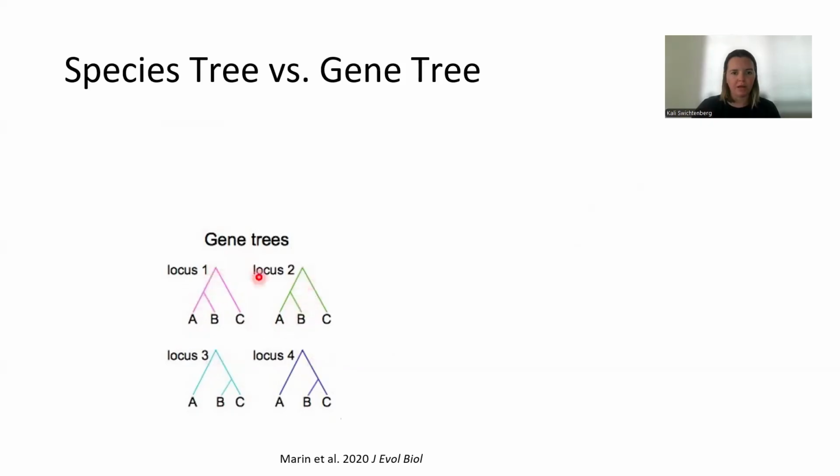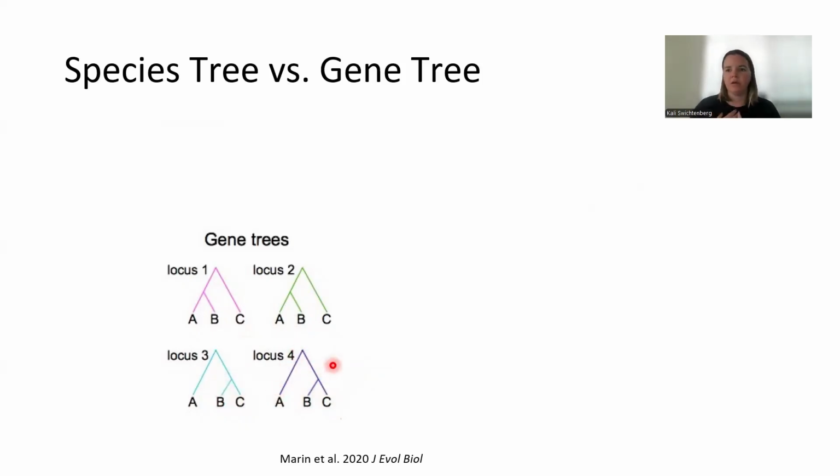So up here in the top part, loci 1 and 2 are showing us that species A and B are more similarly related at this locus than they are to C, in comparison to loci 3 and 4, where species B and C are more similarly related than they are to A.